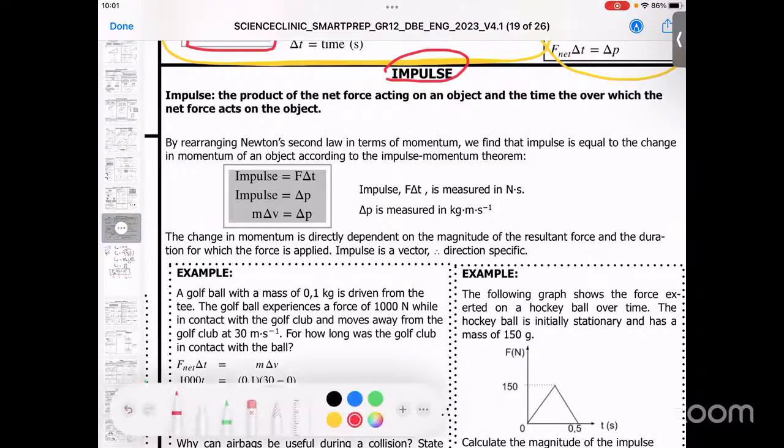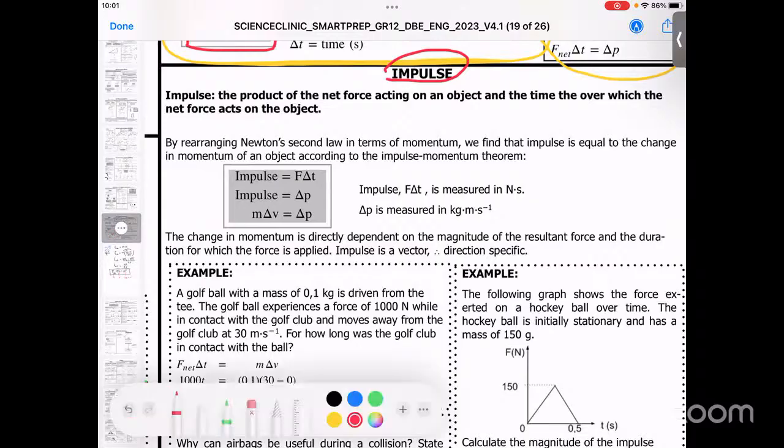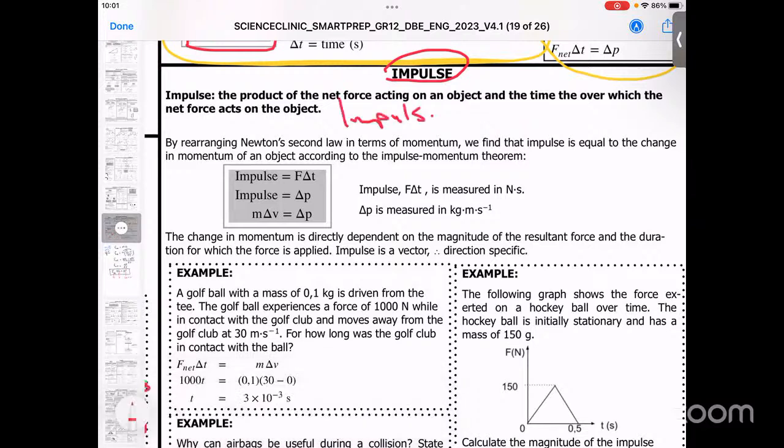So when it comes to an impulse, we are talking about the product of the force and time. That's it in short, honorable member. So in other words, impulse is the same as force multiplied by time. That's it.